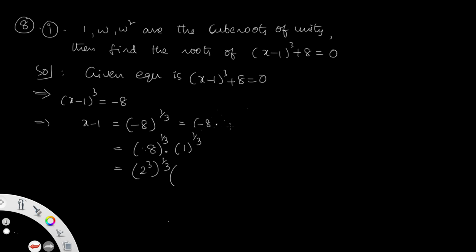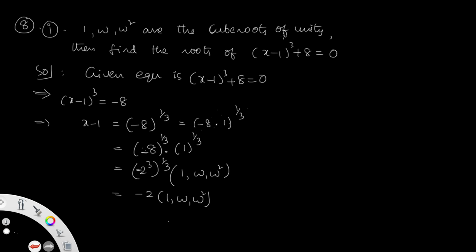Minus 8 into 1, written to the power of 1 by 3. So (-8)^(1/3) is nothing but (-2)^3 to the power of 1/3, and 1^(1/3) is nothing but 1, omega, omega square, the cube roots of unity. That is -2 into 1, omega, omega square. Why are you writing 1, omega, omega square?